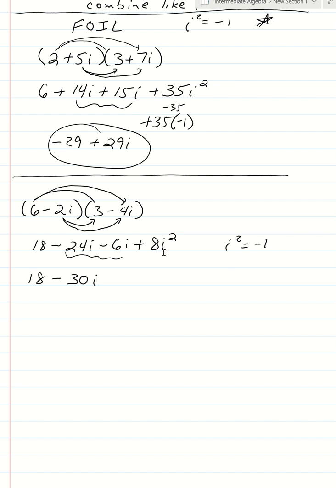And if i squared is -1, and that is being multiplied with the +8, that would give you a -8. And so, when we combine these final like terms, 18 minus 8 would give us a 10 minus 30i as our solution to the product of those two complex numbers.